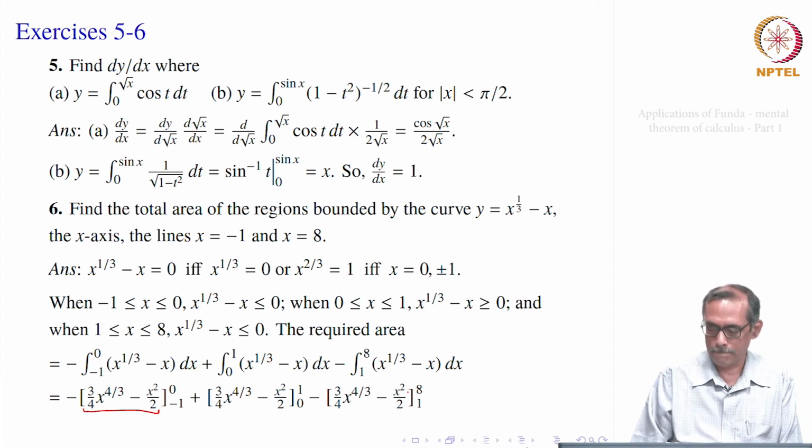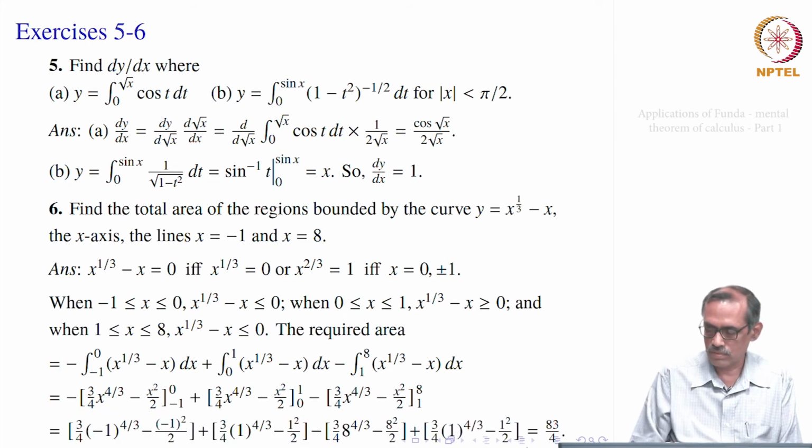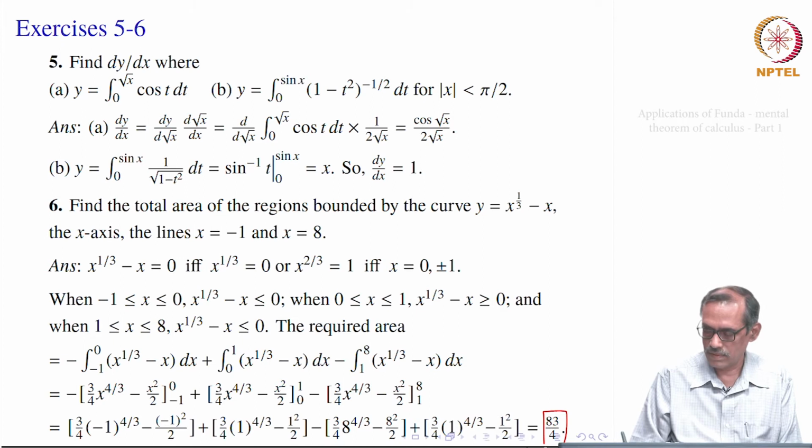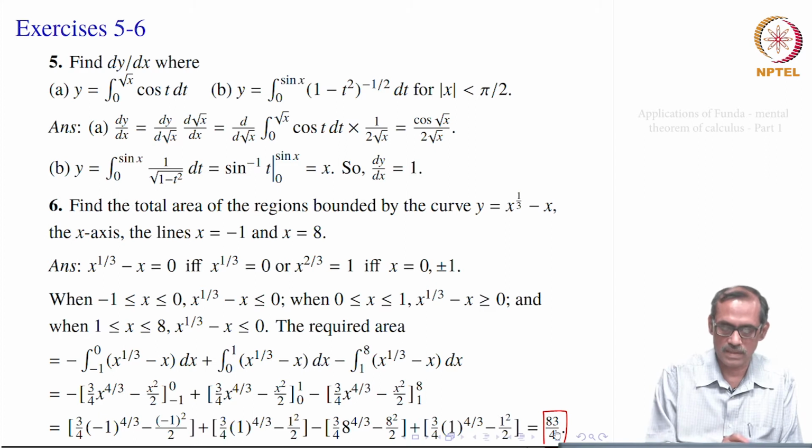Fine. So, we substitute back all these expressions and simplify. So, that would give 83 divided by 4. So, you can verify it later how exactly it comes, but this is the expanded form and then simplification gives 83 by 4. That is our answer.